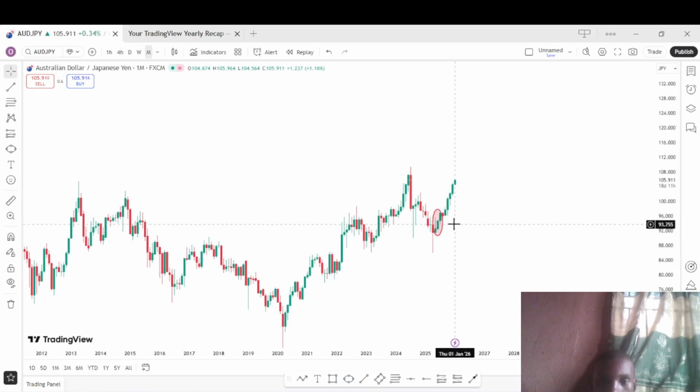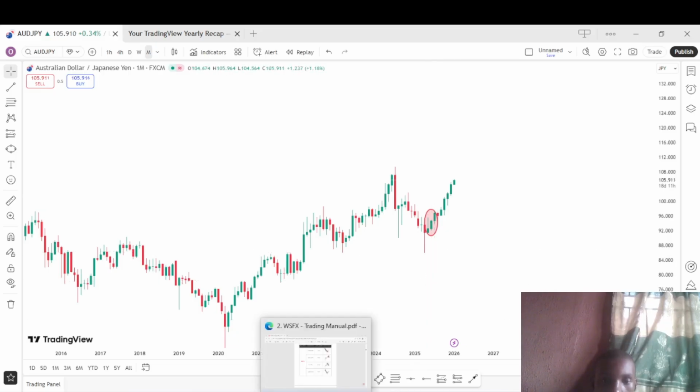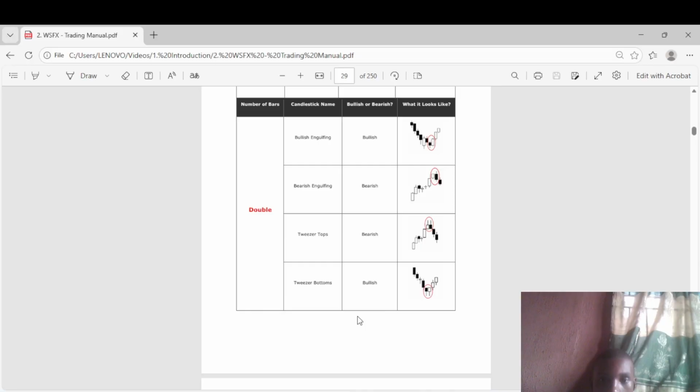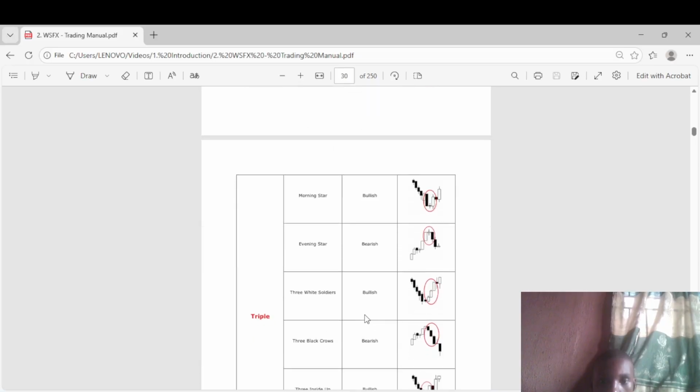Okay, if I zoom in more, this indecision, 1, 2, 3. Let me show you what it's called. This is what just formed: three white soldiers.